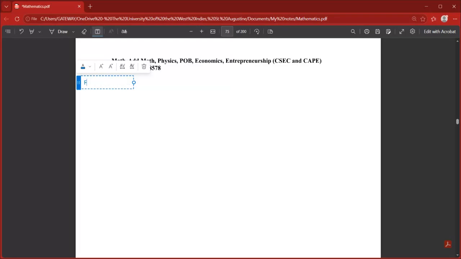So find the length of the side of the triangle marked x in the diagram. This is exercise 2.